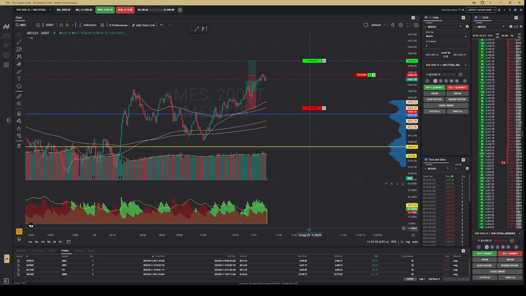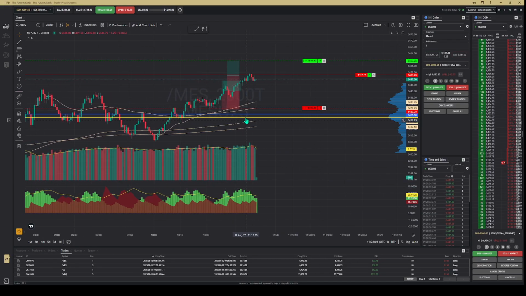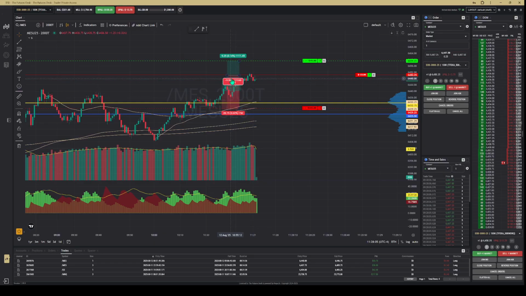Now, here's something interesting. When we entered this trade, the ADX was sloping up, but now it's starting to slope down, and it looks like we're going into a consolidation.